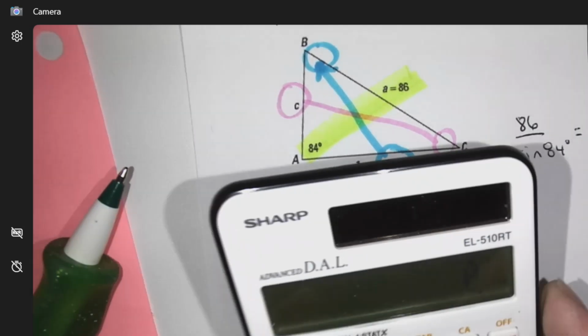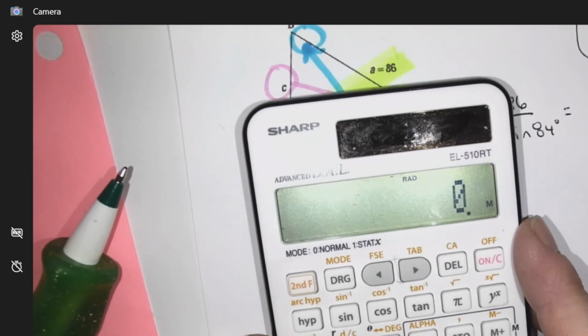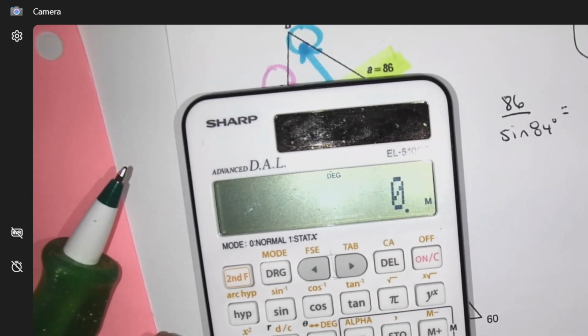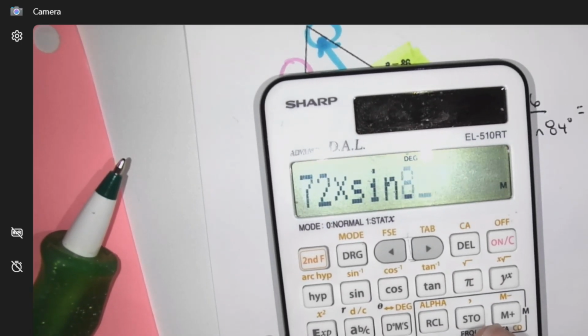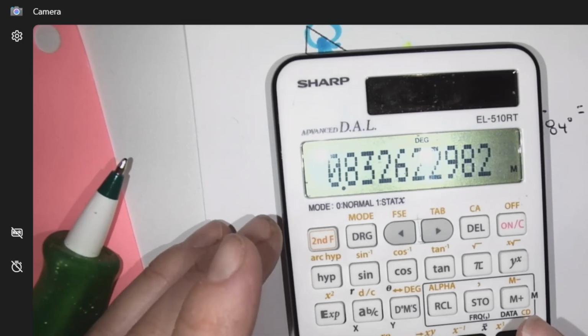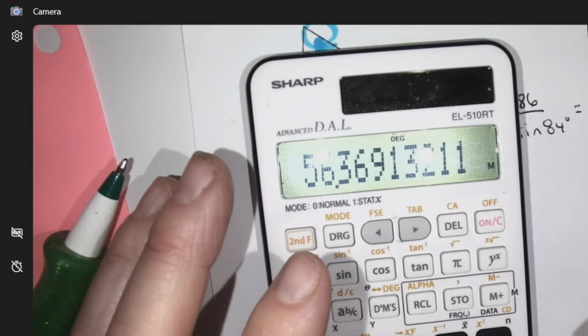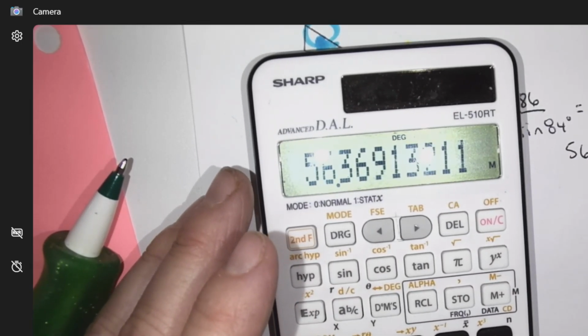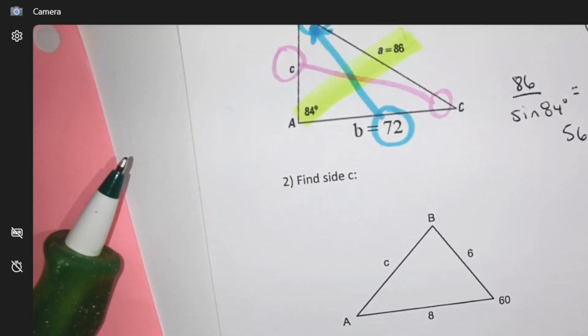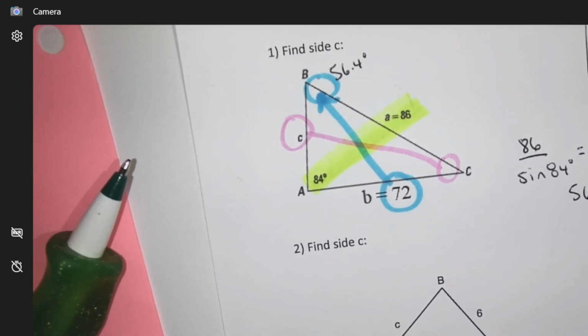Uh-oh, guess what I didn't check before I started typing? My calculator is in degree mode.